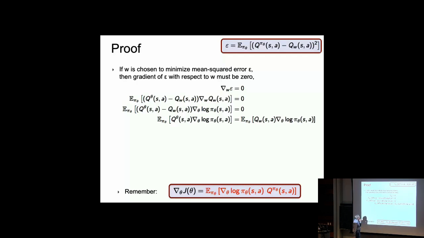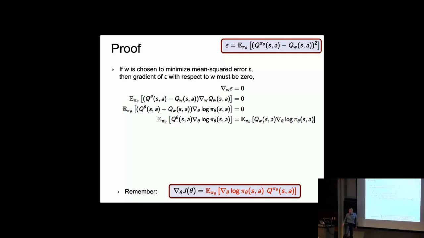And once I do that, I'm home free, because if I just multiply this through, I get that Q theta times that gradient minus QW times that gradient, which I just shift to the other side of the equal sign, equals 0. And so those two quantities are equal. So that's a proof that instead of using this form for the policy gradient, we could use the equivalent, this form.